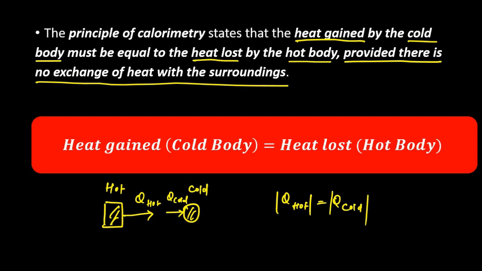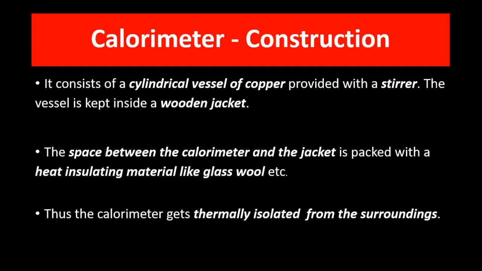Okay, so for this purpose a special instrument is used which is called a calorimeter. Basically it is a cylindrical copper vessel, and other designs can also be there, but the simplest construction is a cylindrical copper vessel which has a wooden jacket around it for thermal insulation, and it is provided with a stirrer.